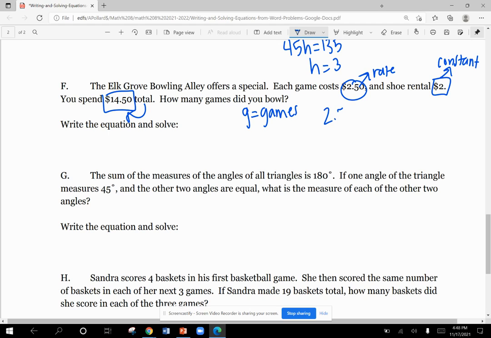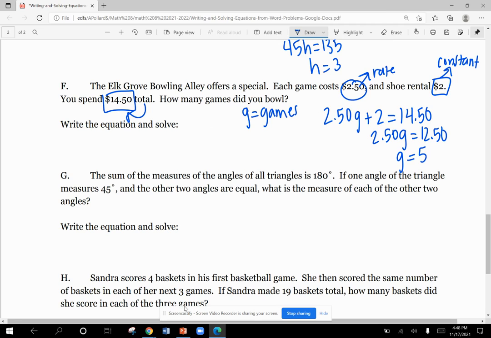So we have $2.50 because that's our rate times our variable plus $2 for the rental equals $14.50. Subtract 2, we get 2.50 G equals $12.50. And if we divide that, get my calculator, $12.50 divided by $2.50 gives me 5. So you were able to play 5 games with that amount of money.